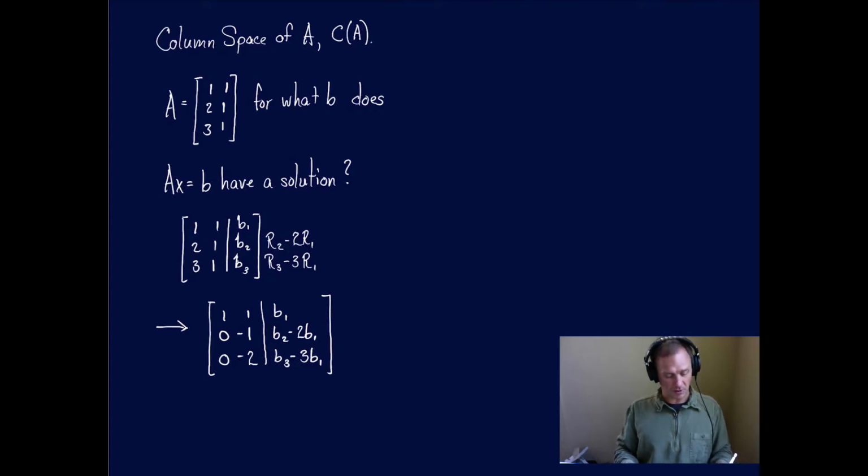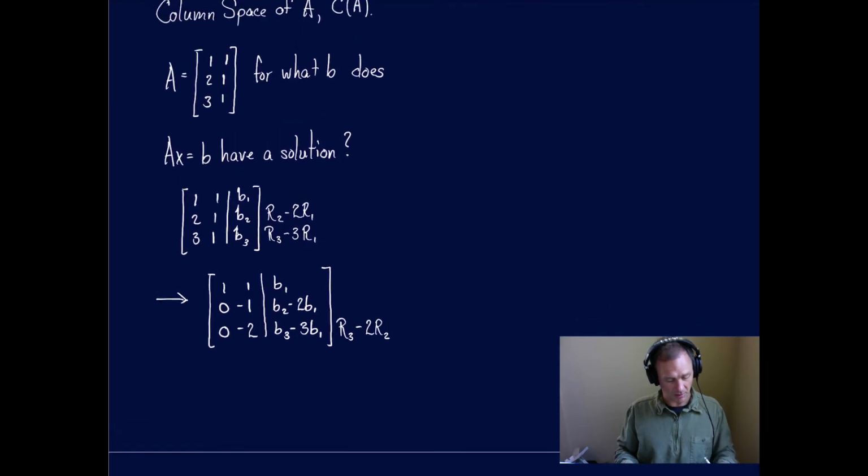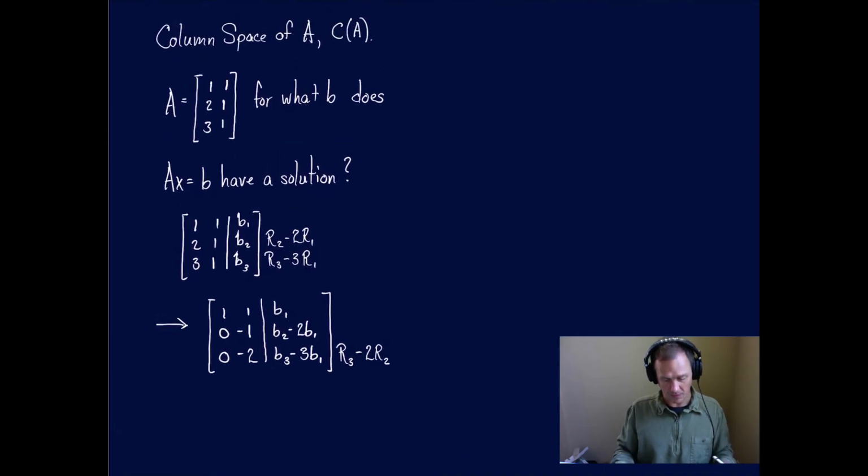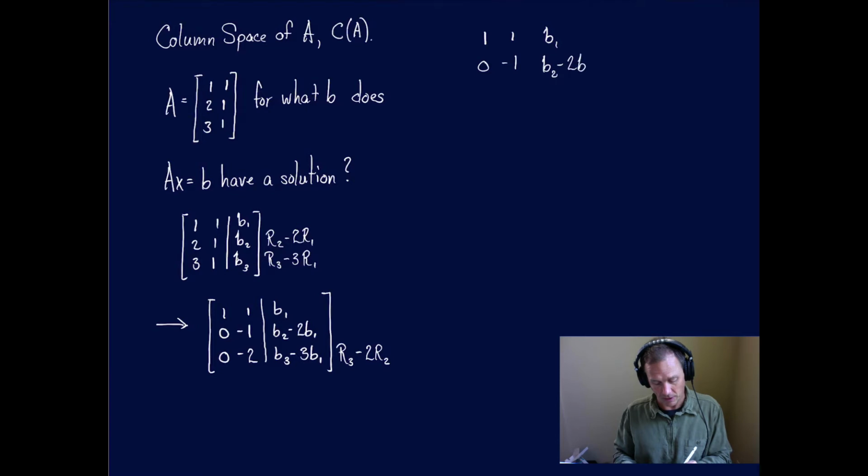Let's work on row 3. Let's take row 3, and we're going to subtract 2 row 2s from it. So when I do that, now I have the first row is the same. So that's 1, 1, B1. The second row is the same. That's 0, minus 1, B2 minus 2 B1.